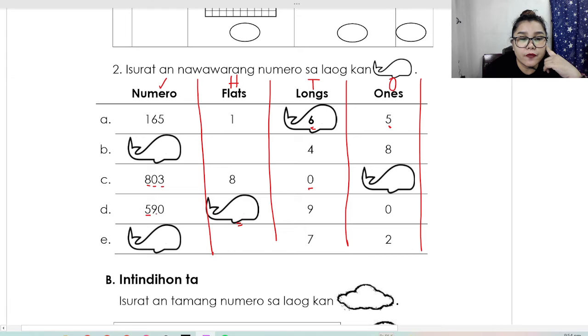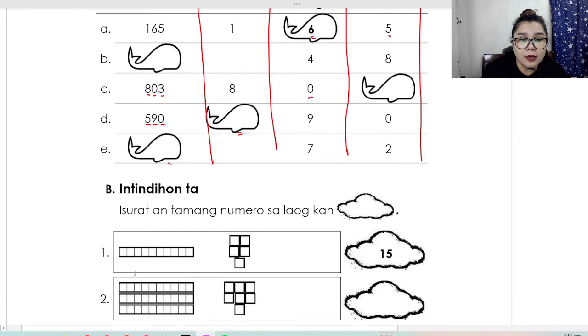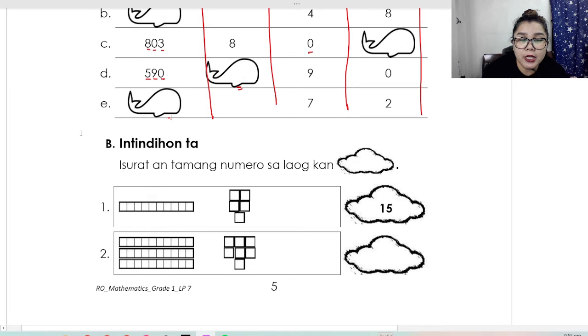So, you need to refer to the given number. Next, for letter E, so just like letter B, we don't have the number, but we have 7 tens and 2 ones. Anong number siya? So, okay? Okay na? Or you pause muna so you can finish until letter E. And then, you may proceed when you're done.